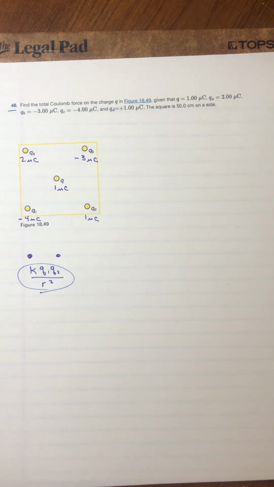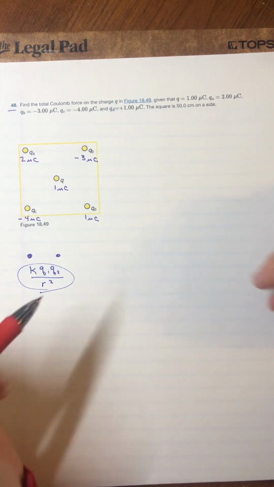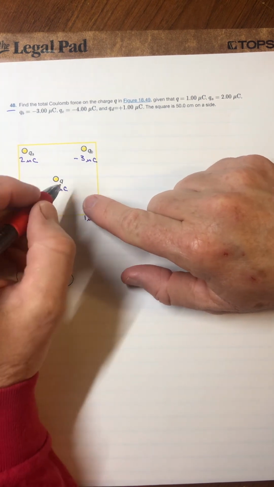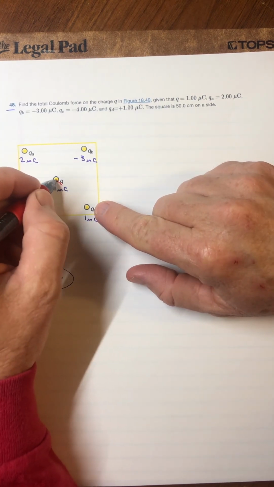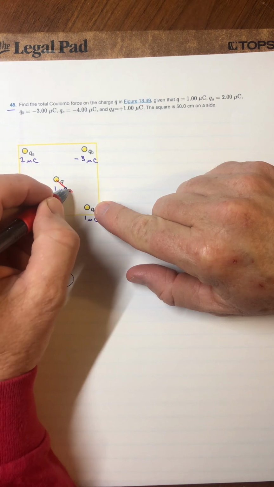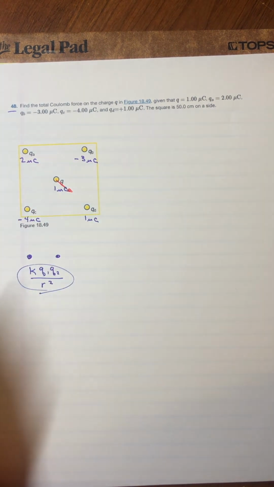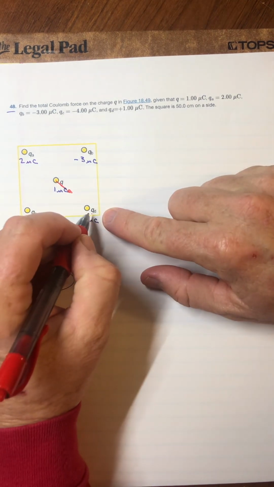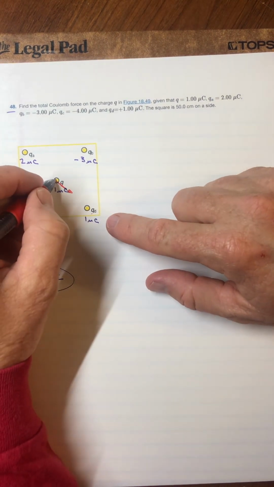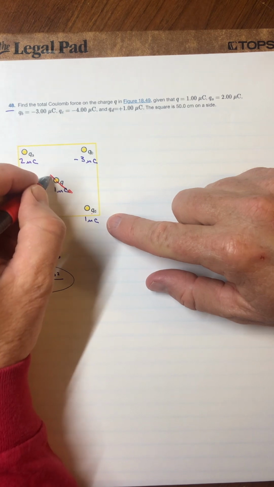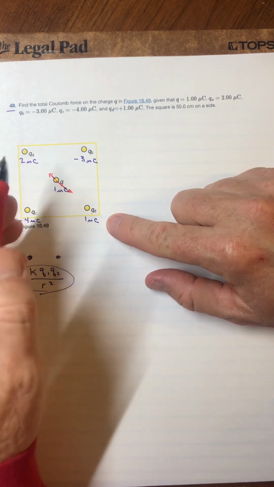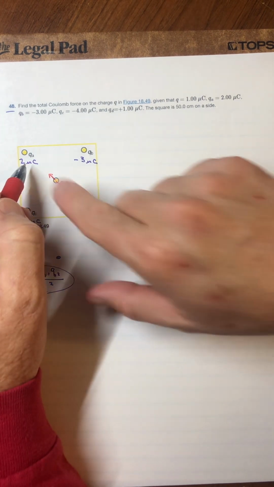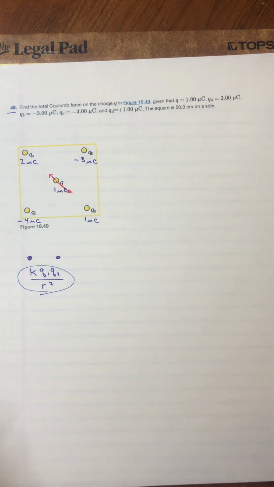In fact, maybe I'll draw the forces in red. Here we have 2 positives, and so the force would be pushing away, towards this corner. And then looking over here at D, since it is also positive, it'd be pushing it away. I'll draw a little smaller arrowhead because it is only 1 microcoulomb, and this one is 2 microcoulombs.